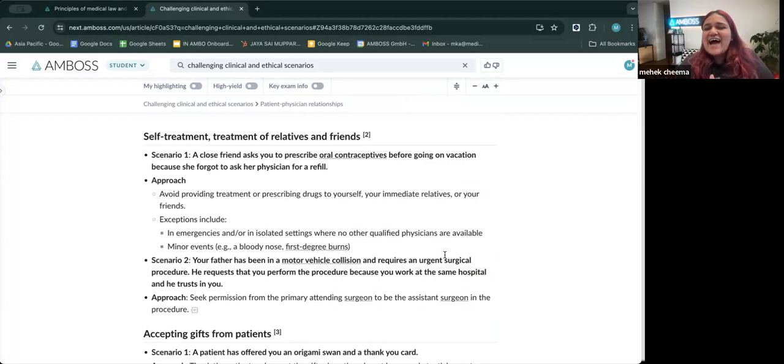We don't have one physician, we have multiple physicians. But the reason I would ask you to not do this is because without someone's clinical history, do not prescribe them medication. It does not matter if it's oral contraceptives or oral antibiotics. Please take the patient's full history before doing anything at all.